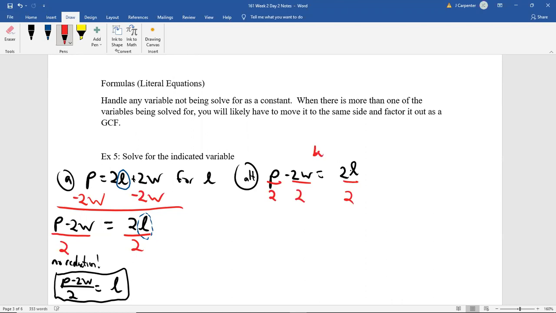This is better later. The P over 2, nothing happens. Minus the 2W over 2. Now this one, you can cancel the 2's because there's no pluses or minuses separating terms in a fraction. This one, same thing, you can cancel the 2's, so you get this.